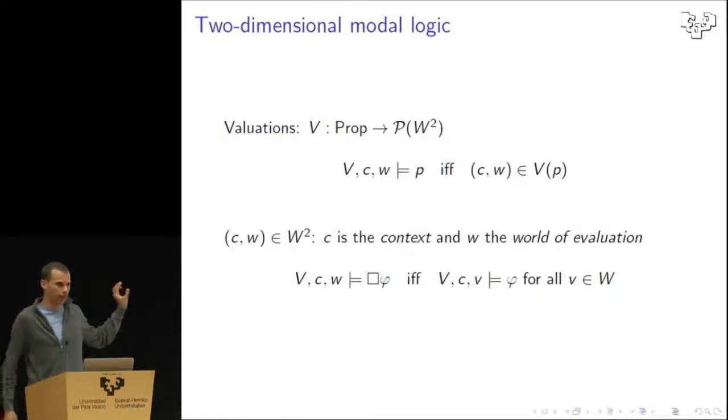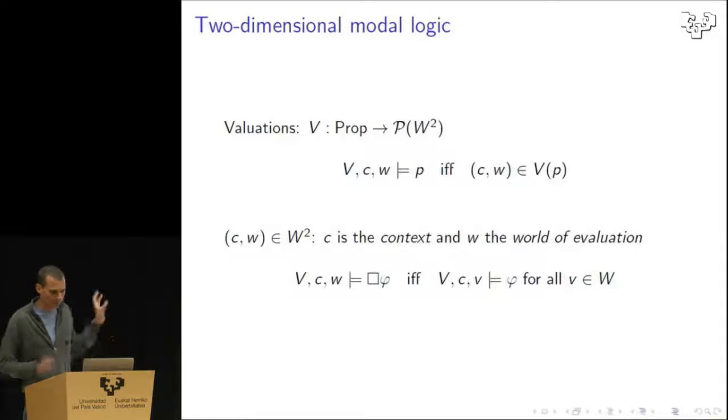The context stays constant; it doesn't change when you use a necessity operator. This would work not only for necessity, but also for temporal operators and for counterfactuals. For all kinds of modalities that have a straightforward one-dimensional semantics, they would just act on the world of evaluation and keep the context fixed.